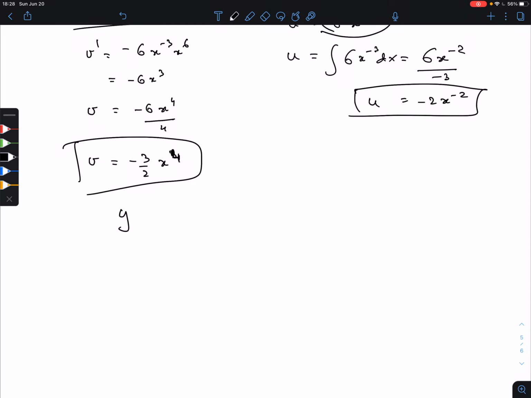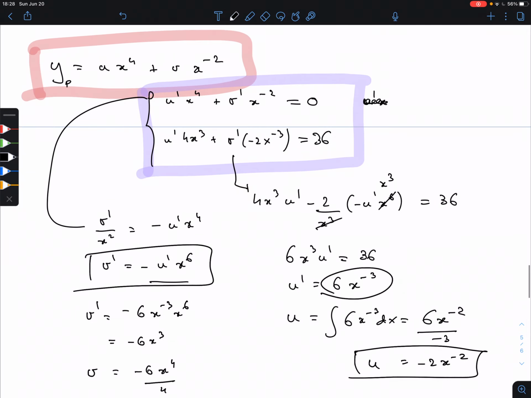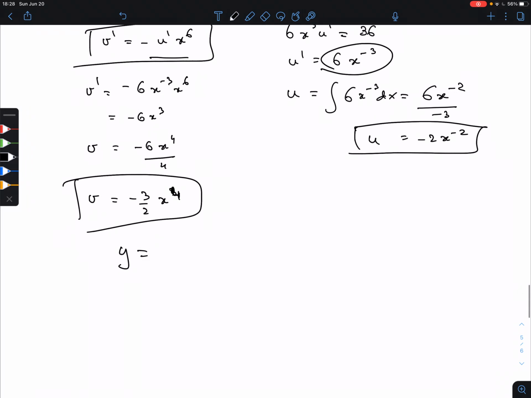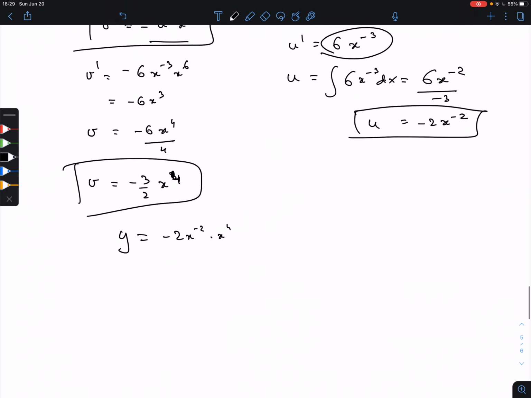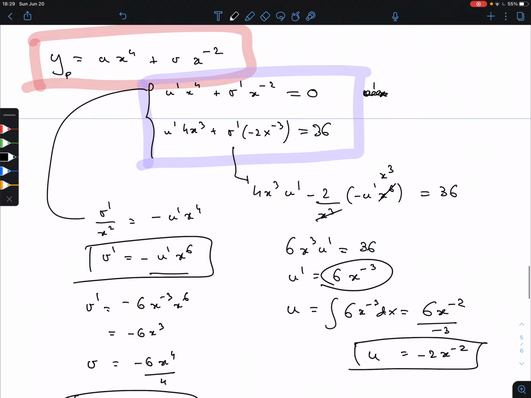So we see now that y is equal to, let's see, you have to put the right thing in the right place. So u, minus 2x to the minus 2 times x to the 4th. And the other one is plus v, so minus 3/2 x to the 4th times x to the minus 2.